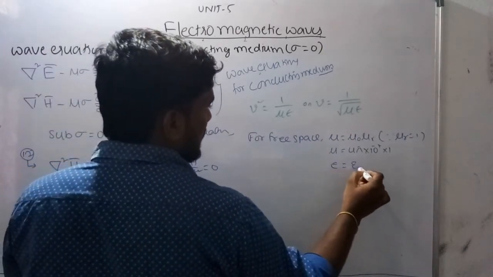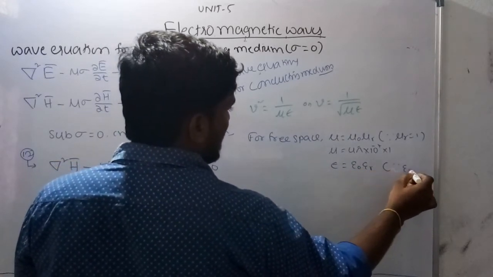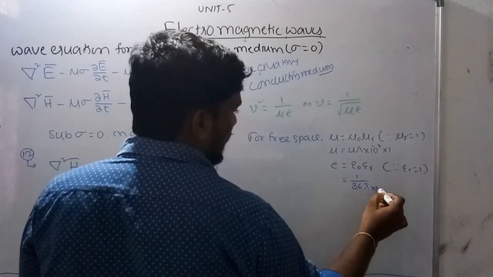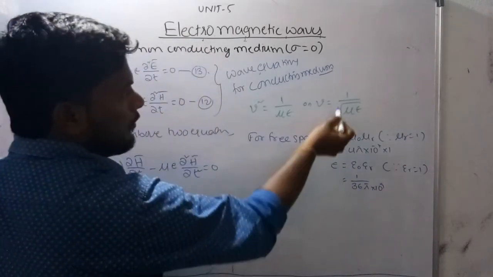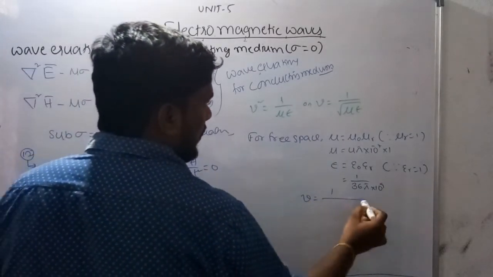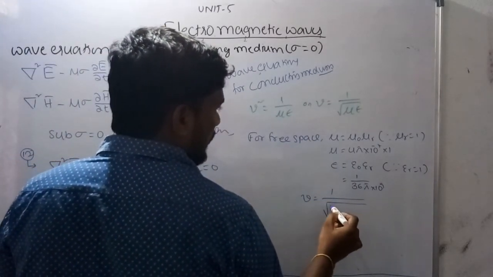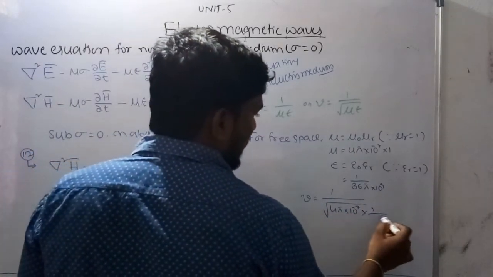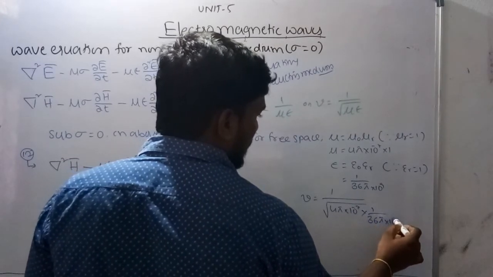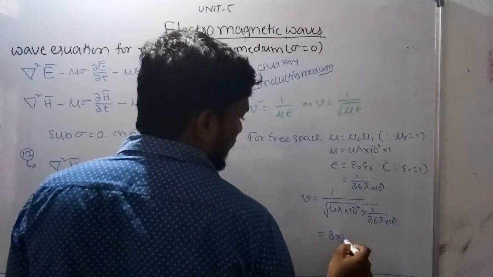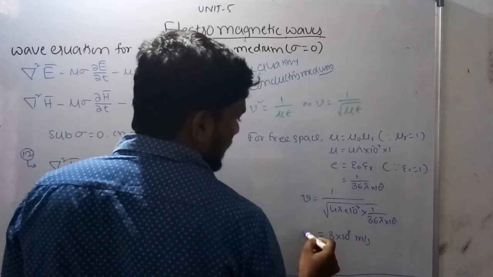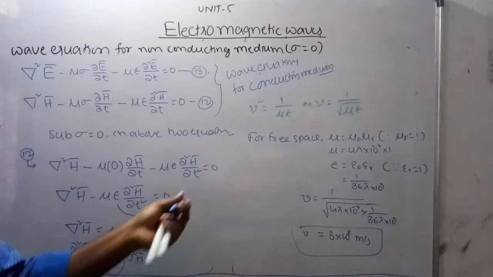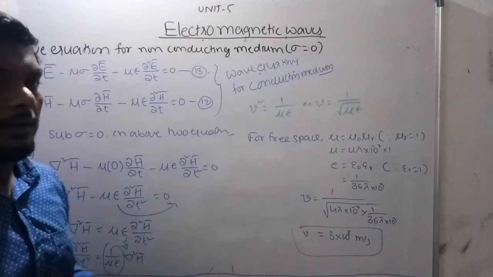Similarly, epsilon is equal to epsilon naught into epsilon r, where epsilon r is equal to 1 for free space and epsilon naught value is 1 by 36 pi into 10 to the power of 9. If you substitute epsilon and mu in this equation, you get 1 by under root of 4 pi into 10 to the power of minus 7 into 1 by 36 pi into 10 to the power of 9. If you calculate it, you will get 3 into 10 to the power of 8 meter per second as the velocity of wave. This speed is generally called the speed of light. With this speed, the wave is moving.